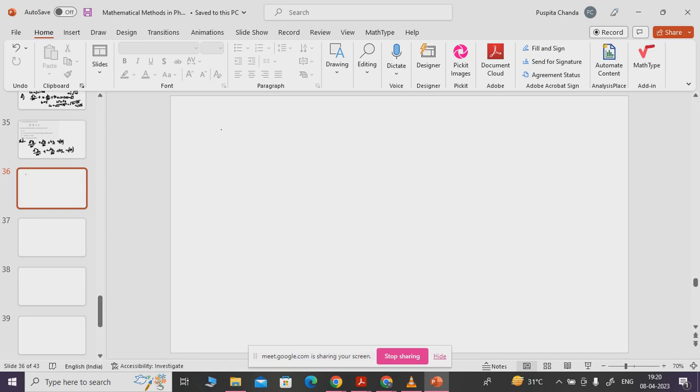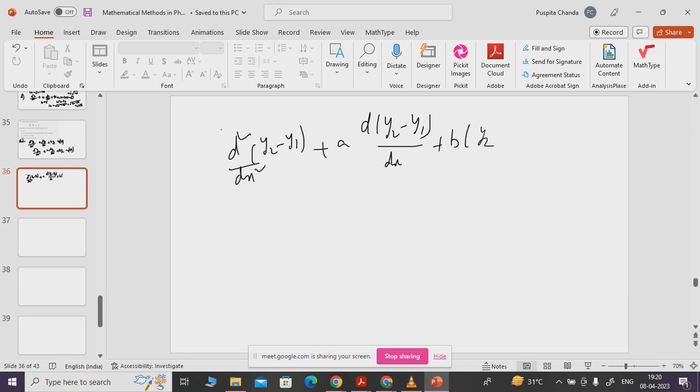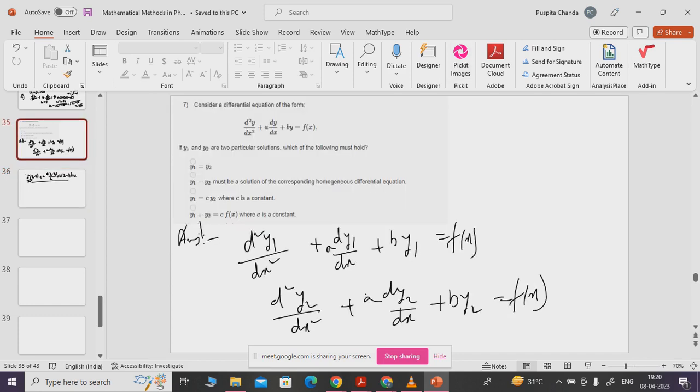Okay, if we subtract equation 1 from equation 2, we get d square/dx square of (y2 minus y1) plus a d(y2 minus y1)/dx plus b (y2 minus y1), which is equal to 0. So y2 minus y1, or y1 minus y2, we can take the minus common, will be the solution of this homogeneous equation.